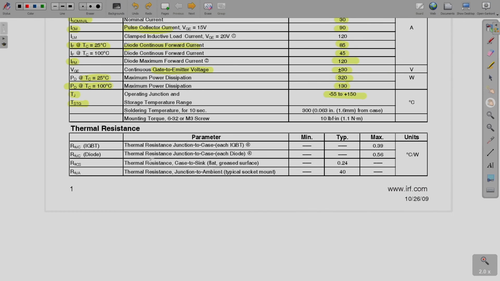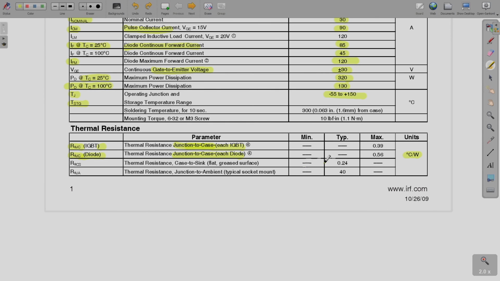Then further, these are your thermal resistances. So, R theta JC, junction to case, is given, and here this is given in Celsius per watt. And for the diode, because here the IGBT is also there and the diode is also there, the junction to case for IGBT and junction to case for diode are going to be different.